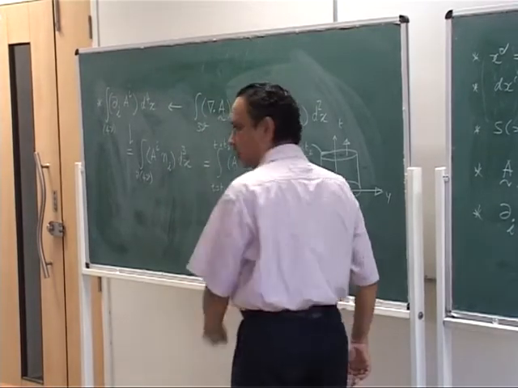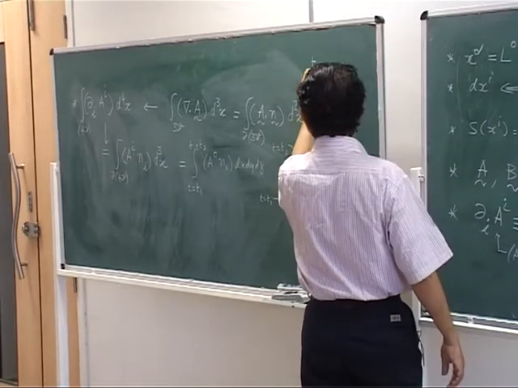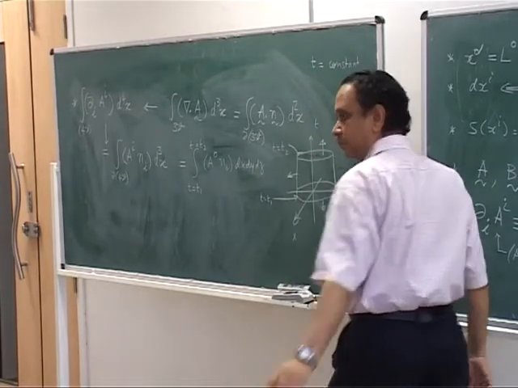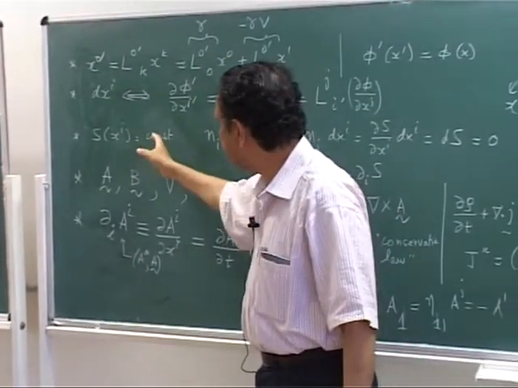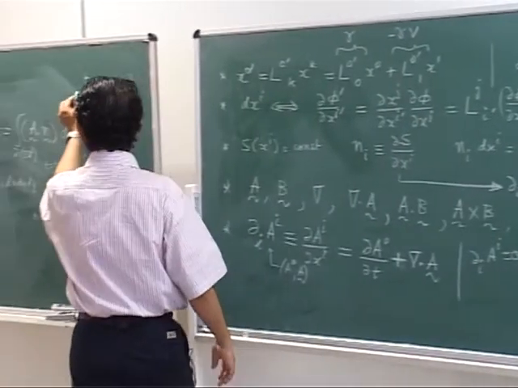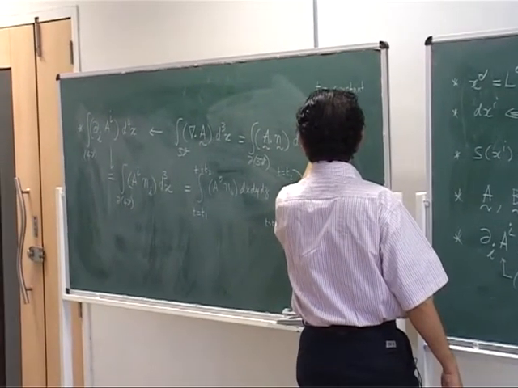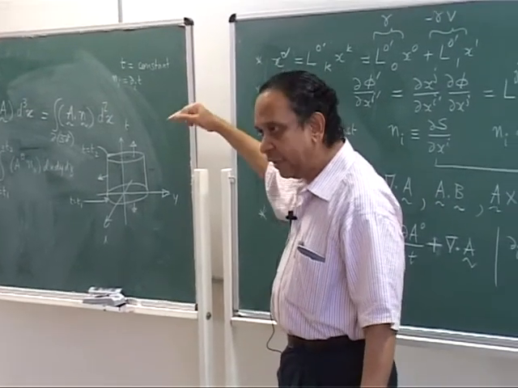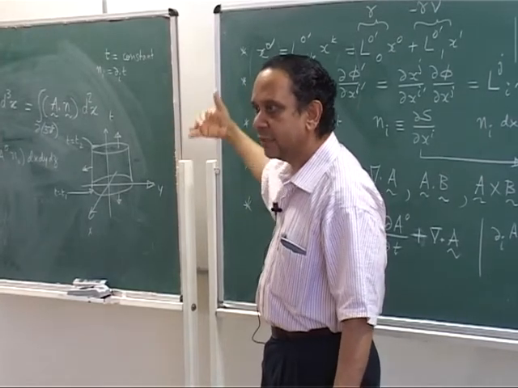So let us look at this also a little bit more carefully. What is this surface? This surface is t equal to constant. What is the normal to this surface? Normal to any surface we defined here: if some function is a constant, you take its derivative with respect to x^i. Therefore the normal n_i is ∂_i of t. What is ∂_i of t? d by dt of t, d by dx of t, d by dy of t, d by dz of t.